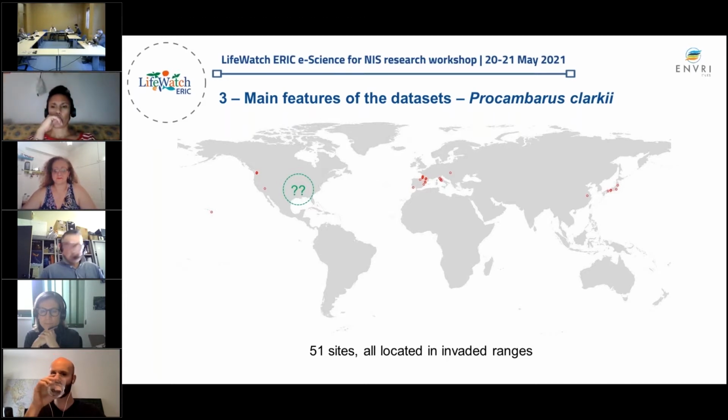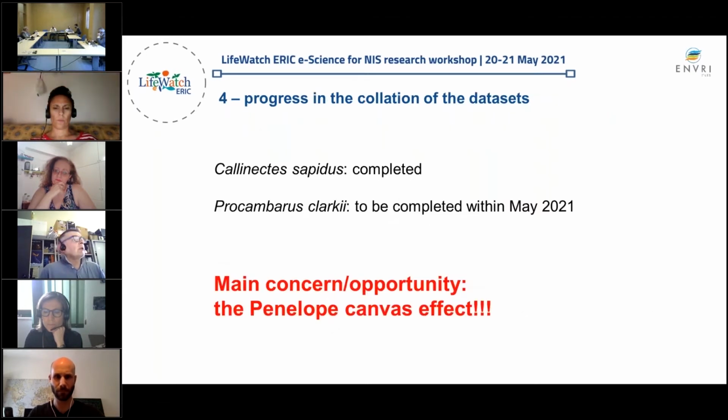Again, also in this case, I'm waiting for data from colleagues from Louisiana State University. But let's see. So there is quite a discrepancy between the two data sets, almost completely focused on invaded ranges for Procambarus, and including native and invaded ranges for Callinectes.